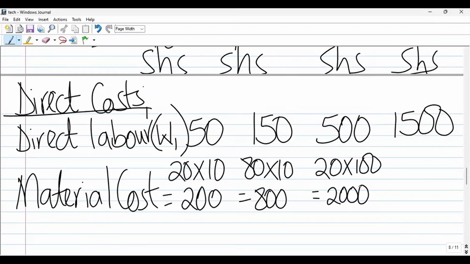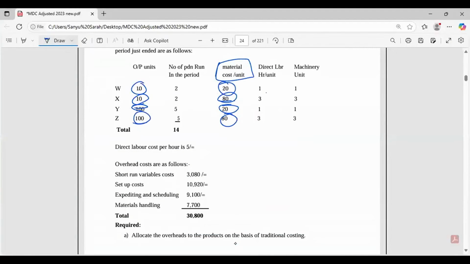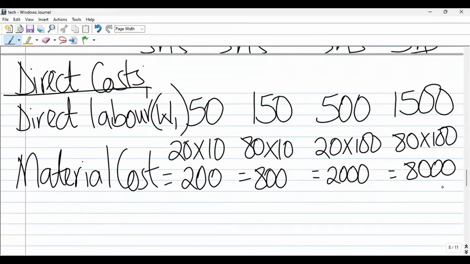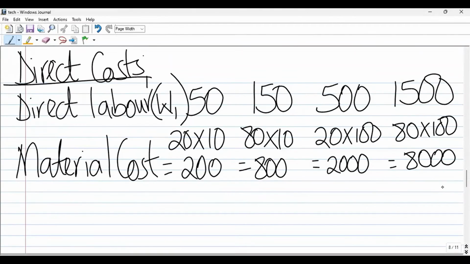Then product Z, we have 80 times 100. This is 8,000. So that's what we have.